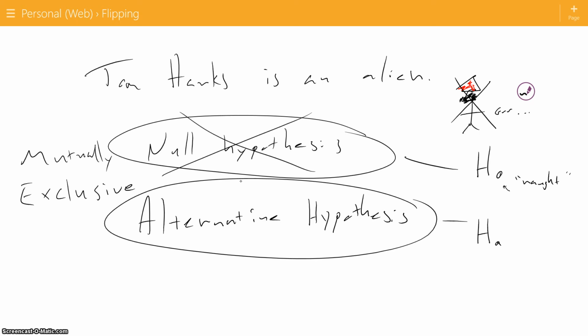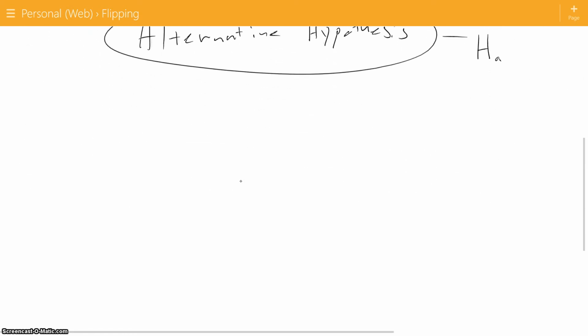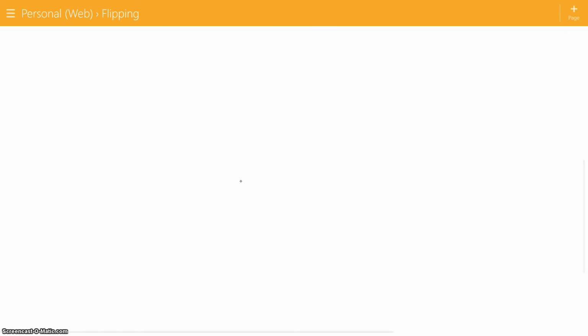Now, getting away from movie stars and extraterrestrial life, let's think about how this could play out in terms of statistics. So, quite frequently, a null hypothesis is some sort of claim that we want to make to see if it is true. So let's say, for example, we want to think about something like this.